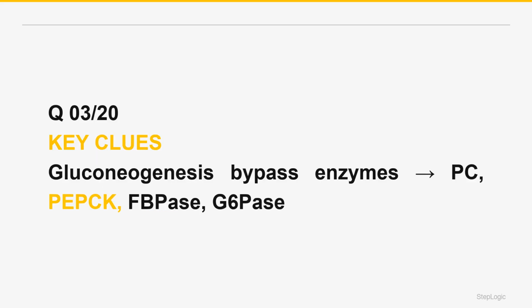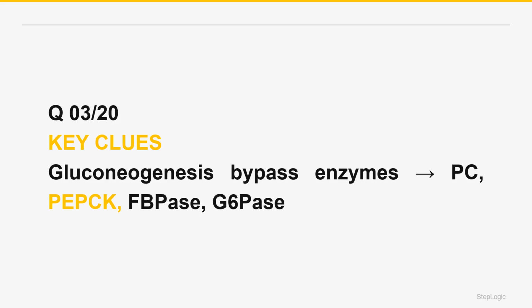Gluconeogenesis essentially reverses glycolysis, but must bypass the 3 irreversible glycolytic steps using 4 distinct enzymes. Pyruvate carboxylase converts pyruvate to oxaloacetate in the mitochondria; it requires biotin and is activated by acetyl-CoA.